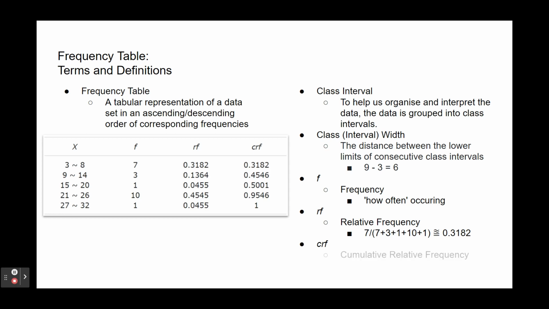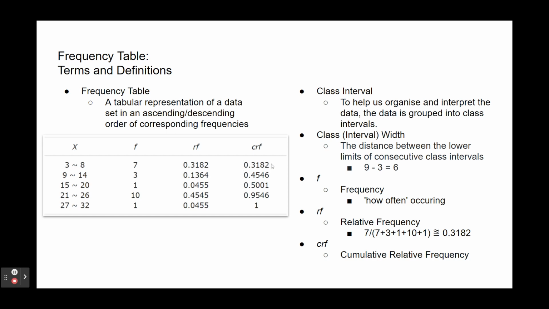CRF is cumulative relative frequency. For a category, CRF is the cumulative relative frequency before it plus this category's relative frequency. So 0.3182 plus 0.1364 becomes this number.